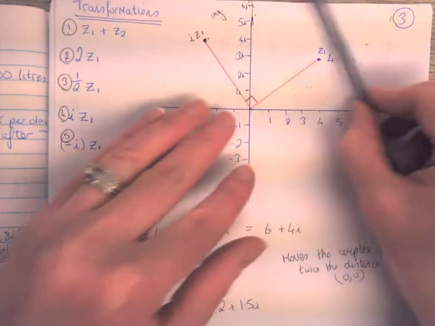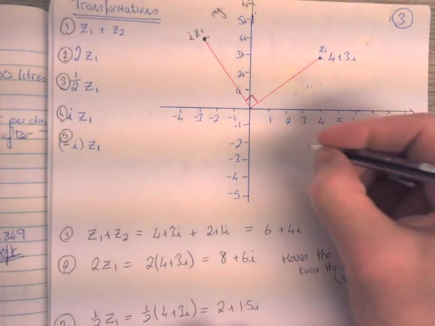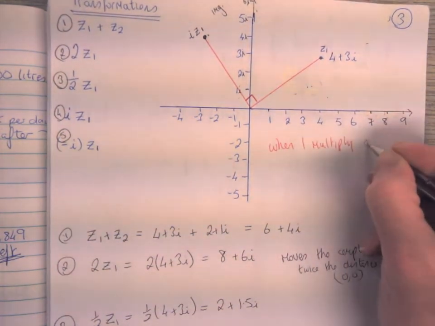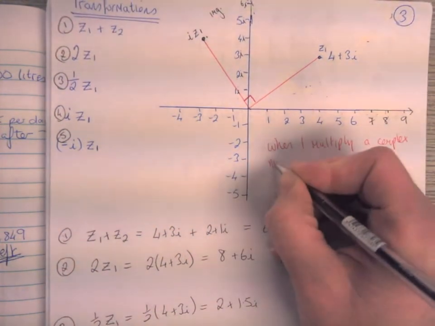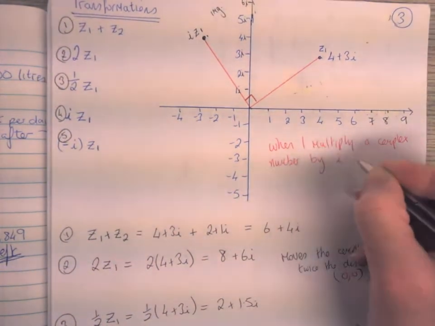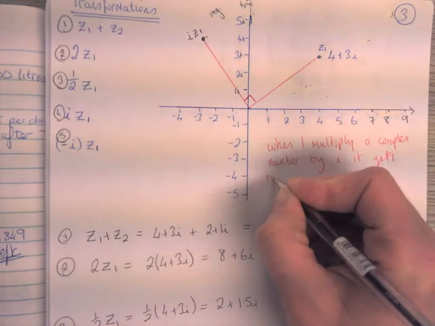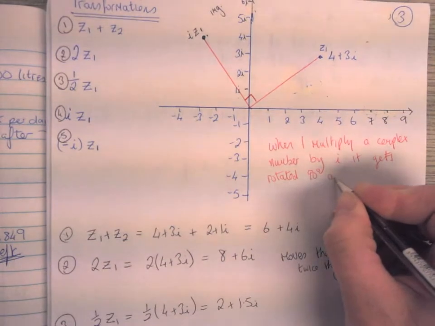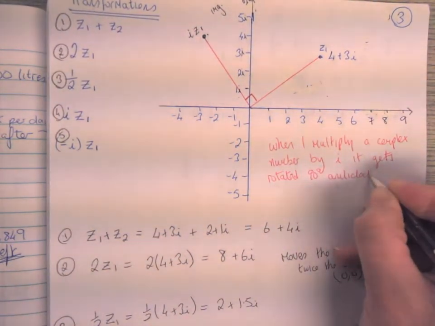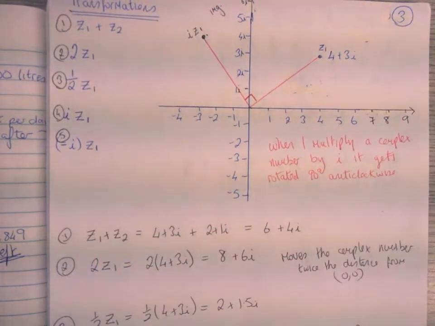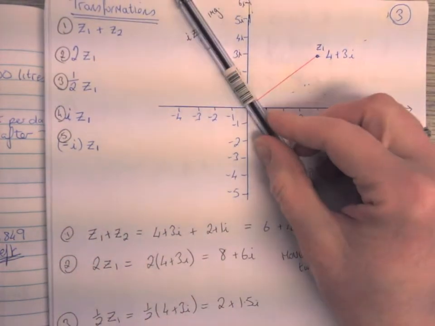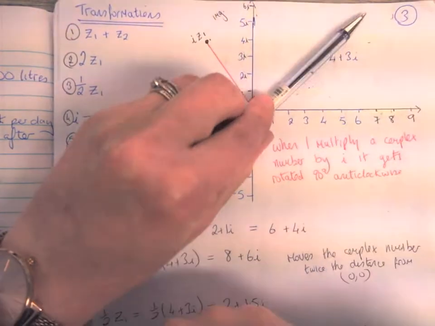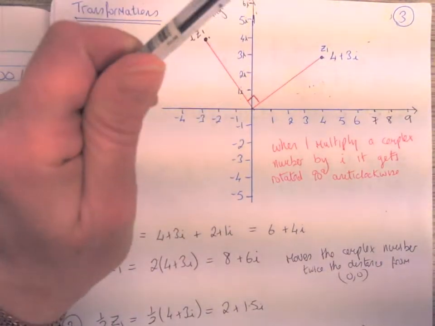And if I multiply that by i again, it'll go 90 this way. If I multiply that one by i, it'll go that way. And if I multiply that by i, it'll get back to where I started. What do you think would happen if I multiplied it by minus i?